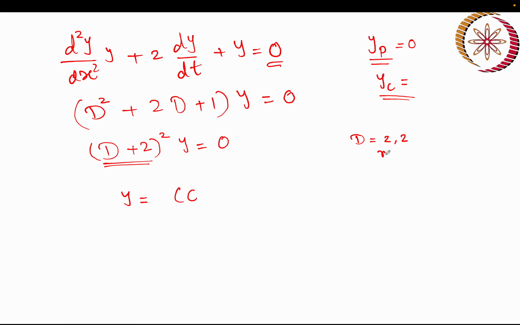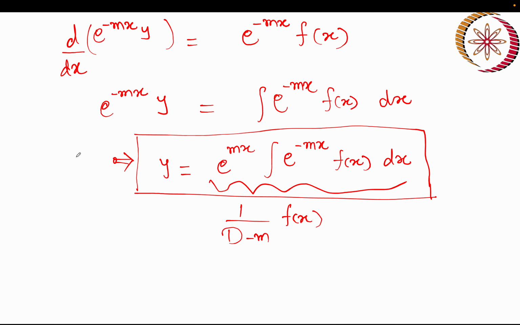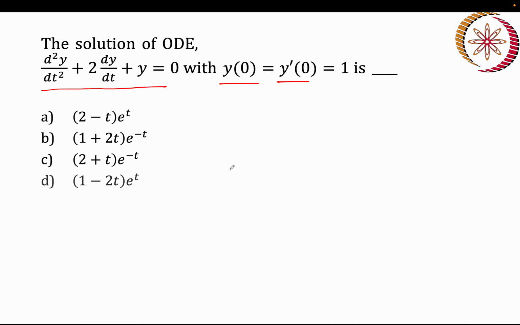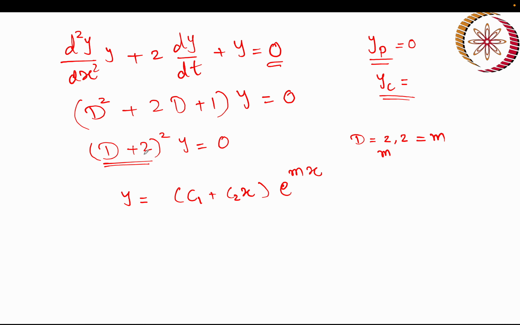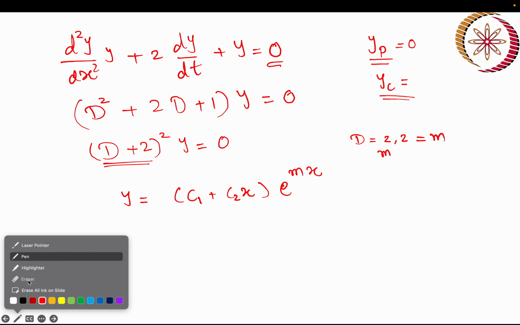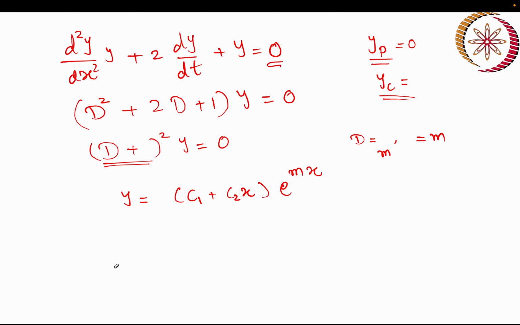So let's say this is m, so both roots are m, so it is c1 plus c2 x, e raised to mx. This you can actually derive using the basic equation that we just saw. I will just explain the steps, and you can try it out as an exercise. Oh sorry, the roots are actually minus 1.